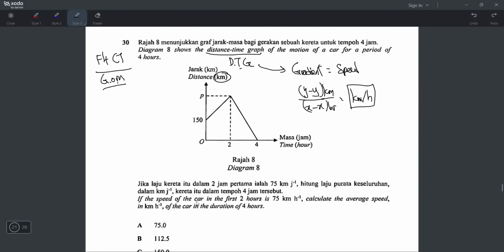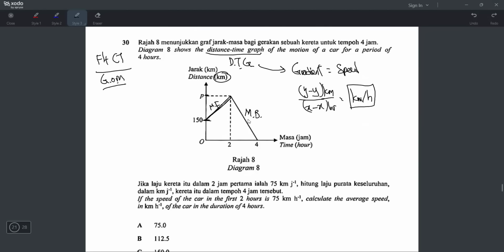Before I read the paragraph here, I want to observe the diagram first. Let's talk about what happens in this line. You can see 2 hours, the distance goes from 150 to here. So what happens here is move forward, because as the time goes, the distance changes, right? So it's moving forward. Then what about here? Here is also moving, but it's moving in the opposite direction.